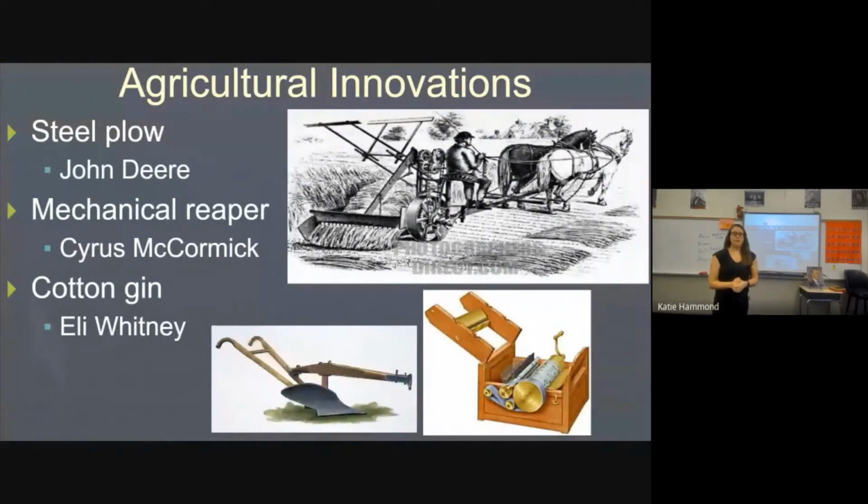Instead of doing it by hand, which is going to hurt your back, now you have horses and you're riding them, almost like a carriage, with the reaper behind you. It slices the grain at an angle, and the part behind it has a compartment that traps the grain and collects it.